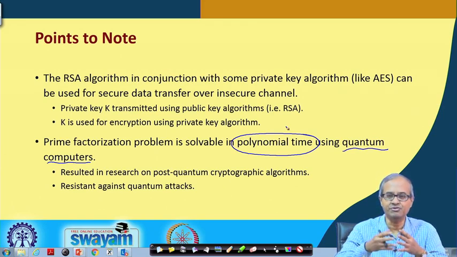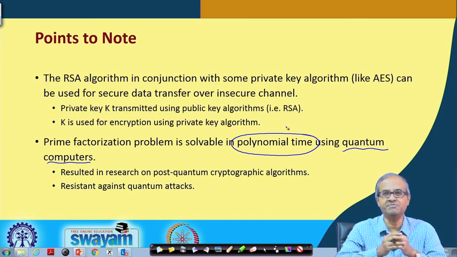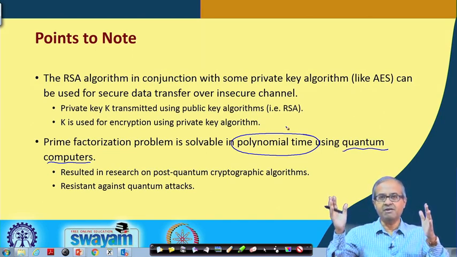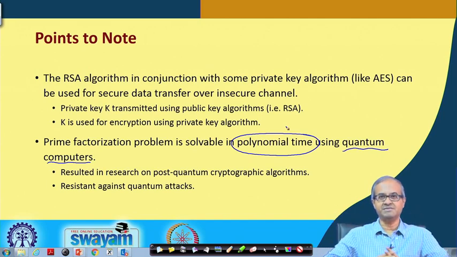In India also there are some efforts going on for building indigenous quantum computers. Once a large enough quantum computer has been built, you will be able to factor these large prime products and RSA will be broken. But of course, rest assured, it will not happen tomorrow or within a few years. It will take a much longer time to build a quantum computer of that size.